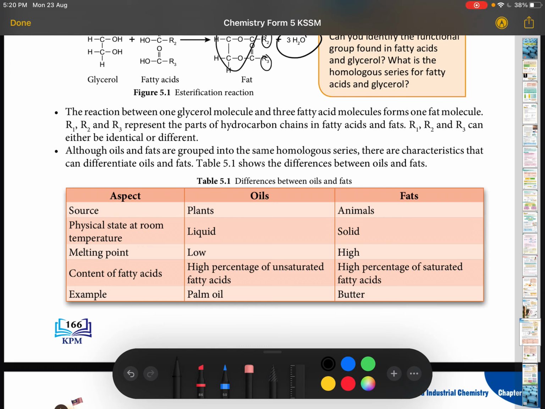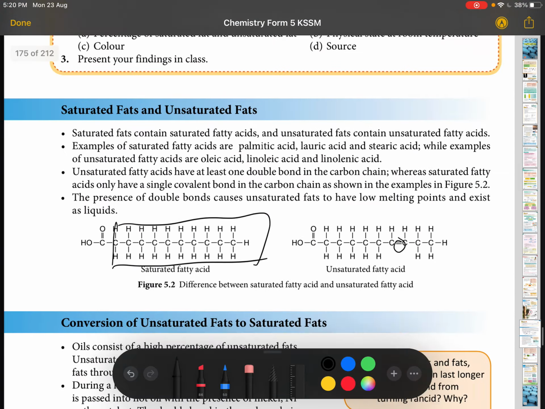Not all of the fatty acids are the same; some could be saturated, some could be unsaturated. But oils in particular have a lot of unsaturated fatty acids, and fats have a lot of saturated ones. Here are the examples: palm oil and butter.